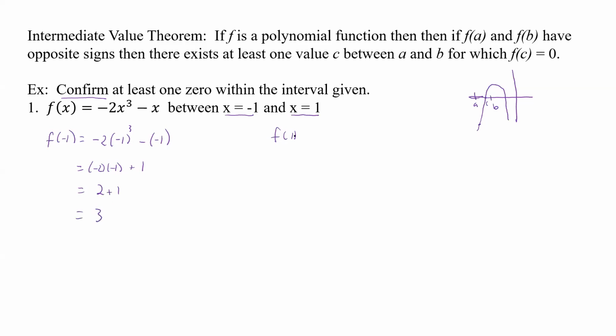If the other one comes out negative, then we've confirmed there's at least one 0 in that interval. So plugging in the 1, we have -2 times 1 cubed minus 1. Well, this is going to be -2 times 1 minus 1, so it's -2 minus 1. That's -3. Those are opposite signs.